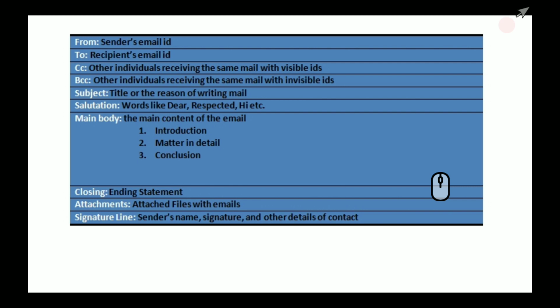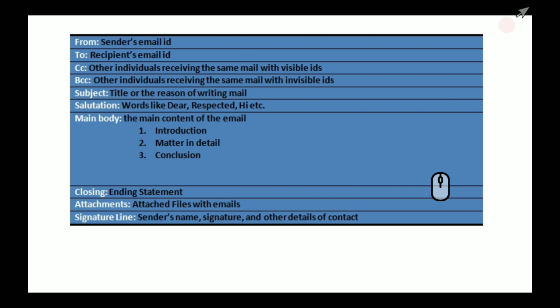Whenever you write an email, there has to be a sender, there has to be a recipient, there has to be a topic, a subject, a salutation. Then the main part, which would be the introduction, what is the email about, the matter, the conclusion, like letter writing.